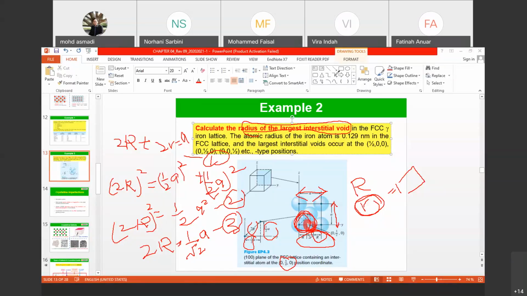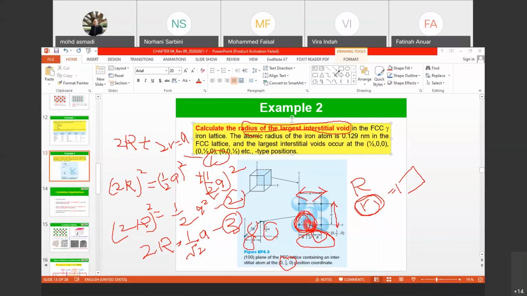From this example you have to know the information about the Miller indices or the plane, from the previous chapter, chapter 3. This is important to know the position of the voids, the interstitial atoms or substitutional atoms.